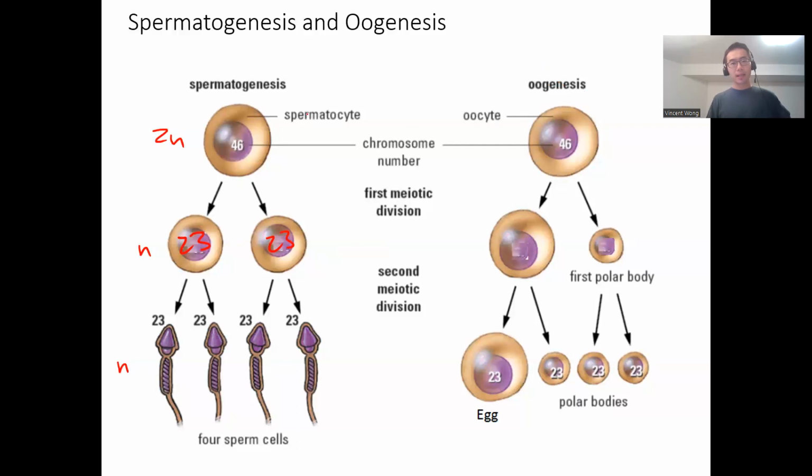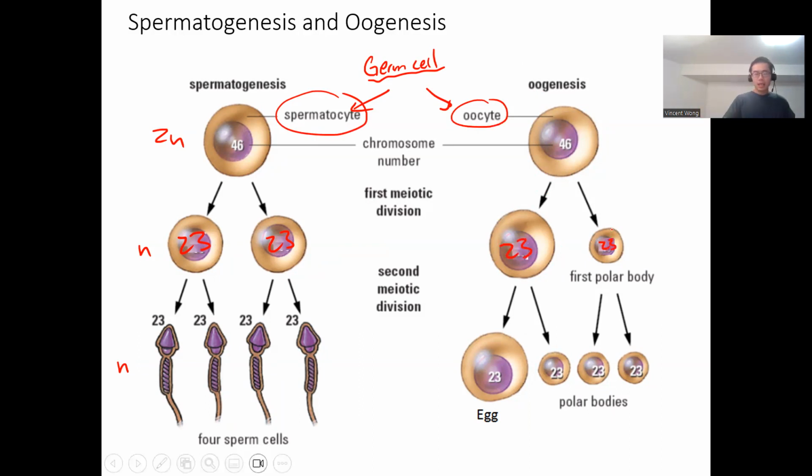By the way, this spermatocyte and the oocyte, that's the name of the germ cell. You don't really have to know that. So for female, after the first meiosis, again, 23 and 23, I hope you know that now. Now, it's a little bit different here for the male and the female because the egg is really big compared to the sperm.